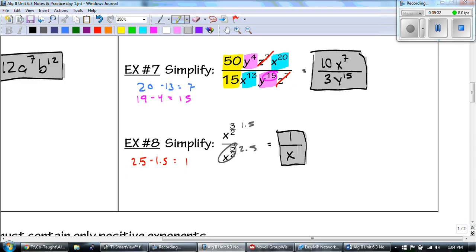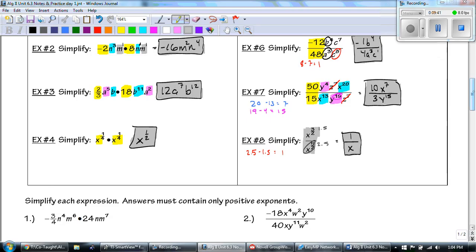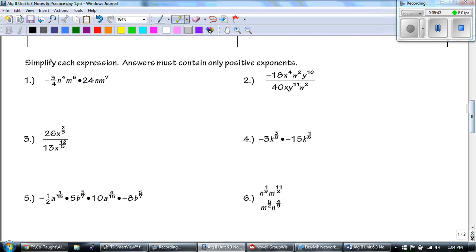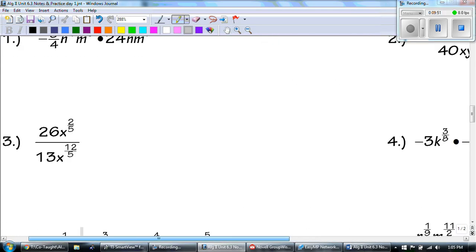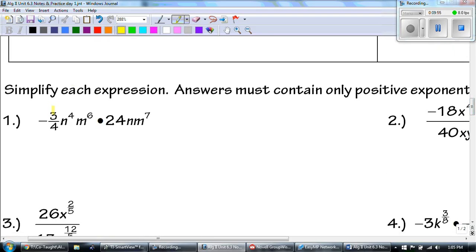So we have 1 over x. Okay? All right. So now what we have down here, it says to simplify each expression, and then answers must contain only positive exponents. Okay. So coefficients first.